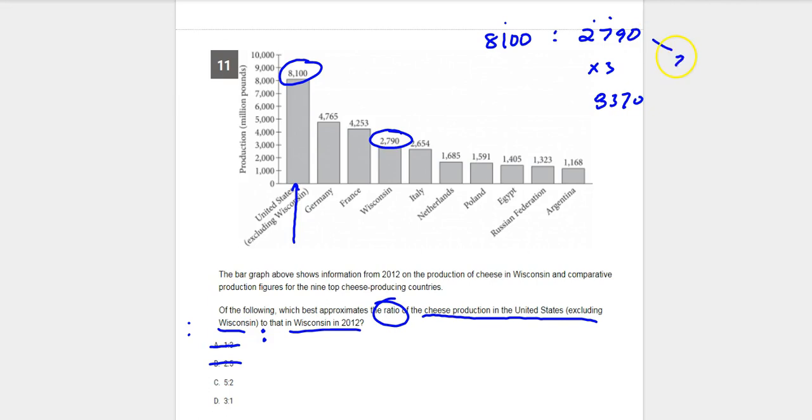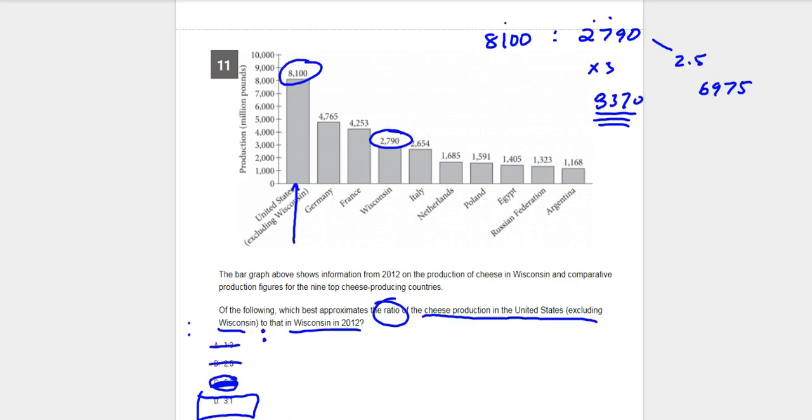Otherwise, if I multiply this number by 2.5, because that's what a 5-to-2 ratio means, you multiply by 2.5. So 2790 times 2.5 only comes out to be 6975, and that's quite a bit short. So I think this number looks a little closer. So I'm going to go with D. I'm going to go with 3-to-1 ratio.